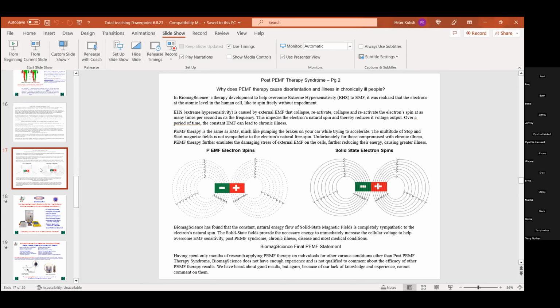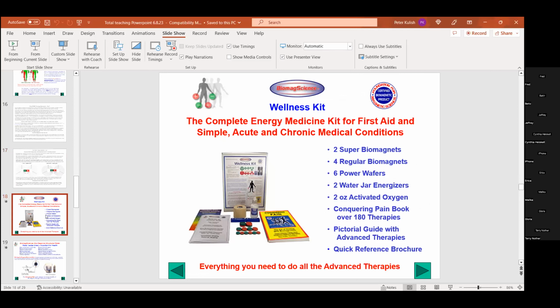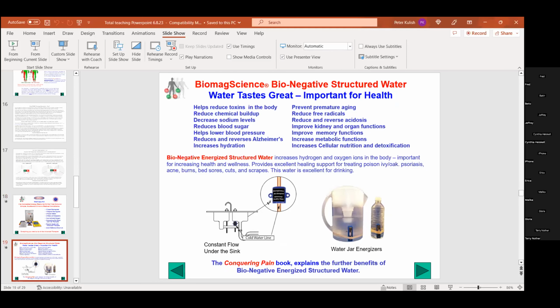So the rest of the stuff is our wellness kit. We've got everything in there to do over 180 therapies, A to Z, step-by-step therapies. We've got water energizers in there to make sure that the water declusters so the body can use it and get an adequate amount of hydrogen ions, which so many people are low on.